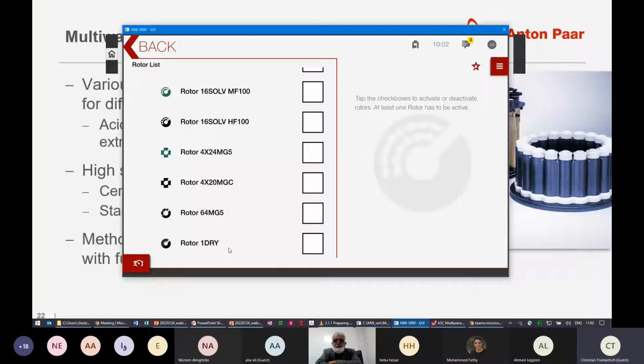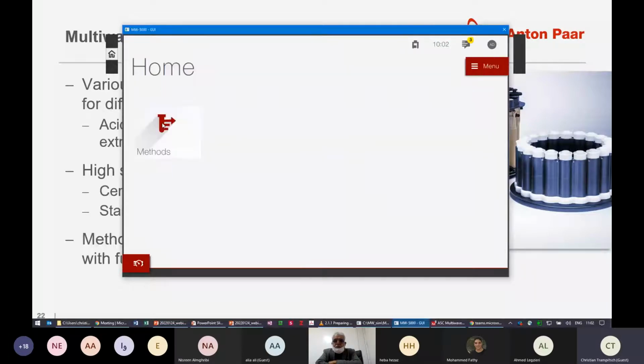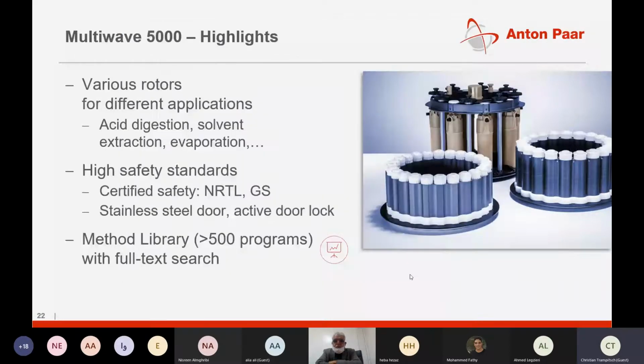So there is a lot of equipment, but usually you will just pick out the one rotor you have, and then in the method library you only get the methods for the activated rotors. So this is really one of the new features of these instruments, which is not present in any other equipment on the market so far.